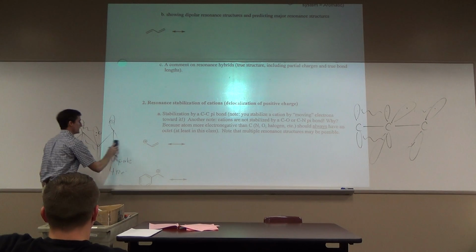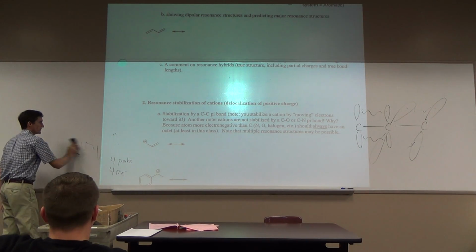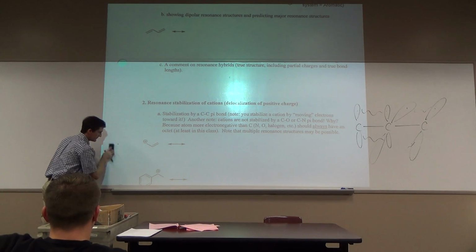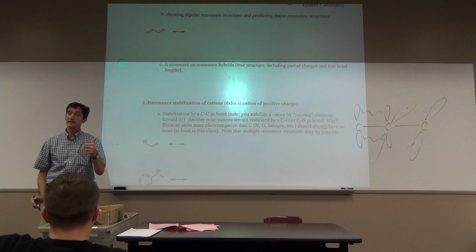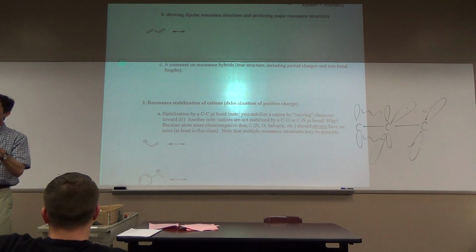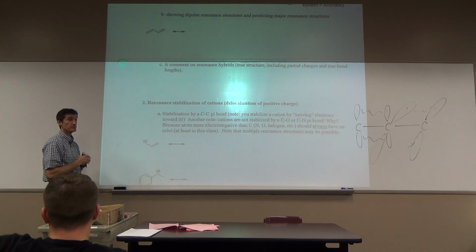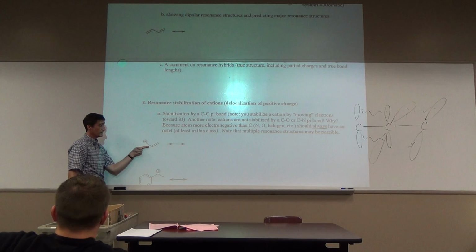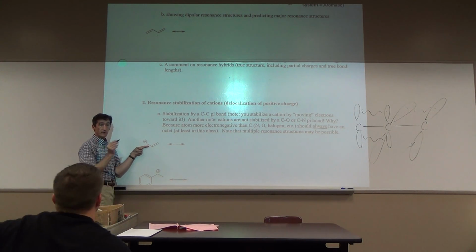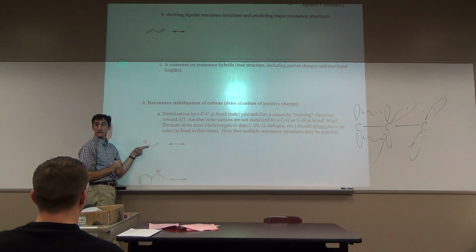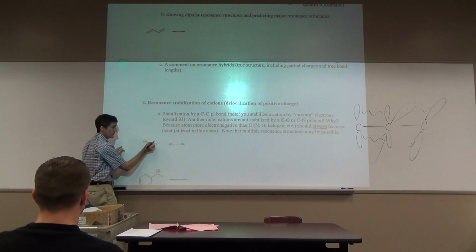For example, let's draw a resonance structure of this cation. Very importantly, how do you stabilize a cation? Do you move electrons towards it, or do you pull electrons away? Towards it. That hopefully should make sense. What electrons can we move toward this in a way that we've already done today? Windshield wiper. Can you see this?